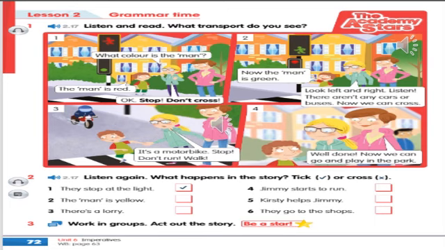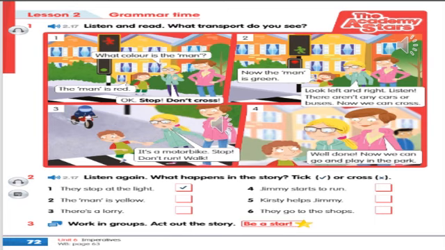Kirsty helps Jimmy to cross the street. Number 6. They go to the shops. Is it correct?